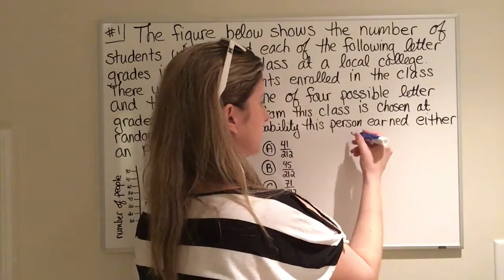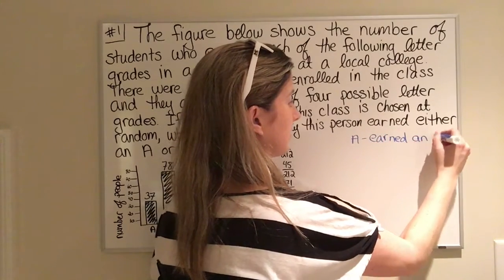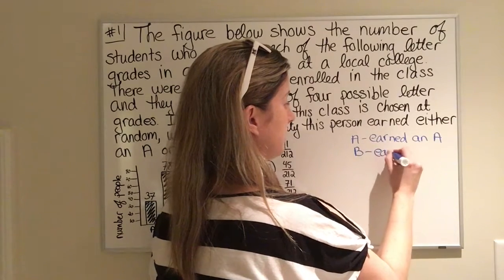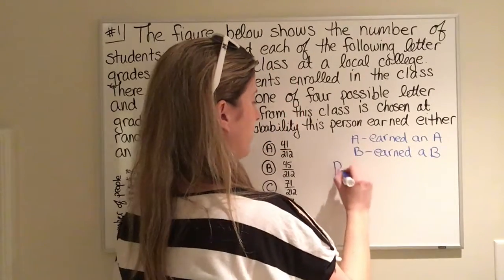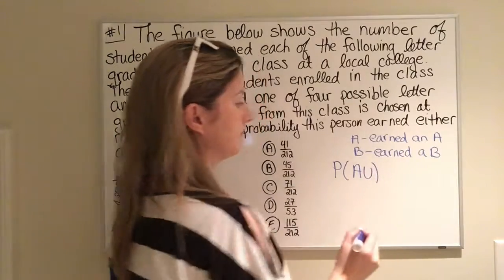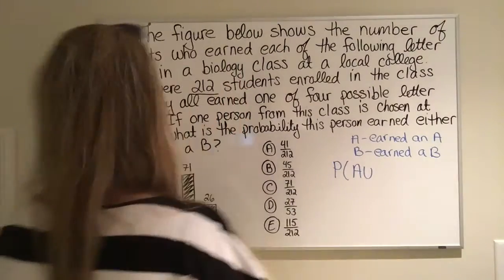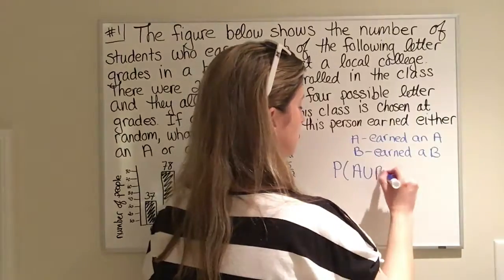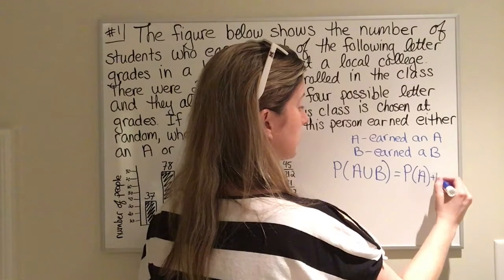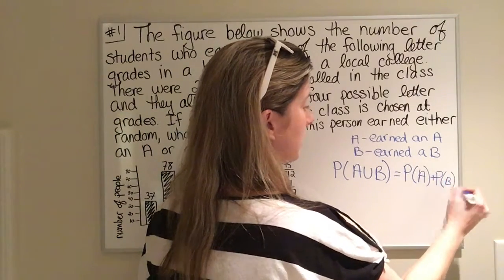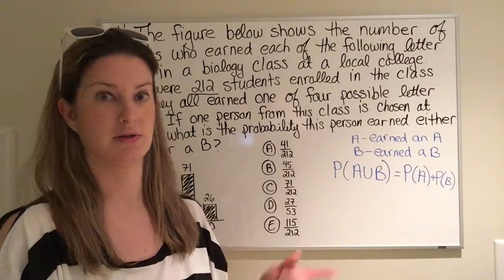So let's think of event A being earned an A and event B being earned a B. So what you want is the probability of A union B, which is the probability of A plus the probability of B. And we don't have to subtract the probability of A intersection B because they're mutually exclusive events.